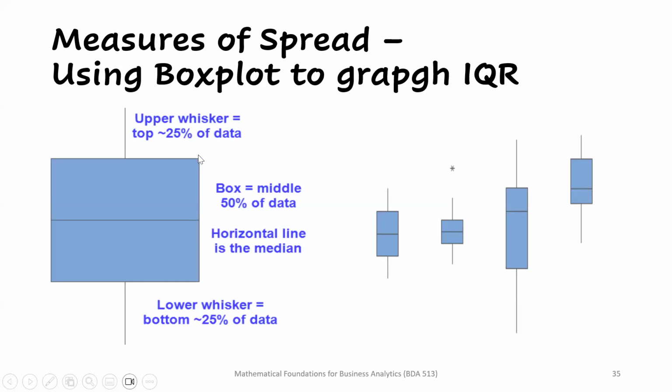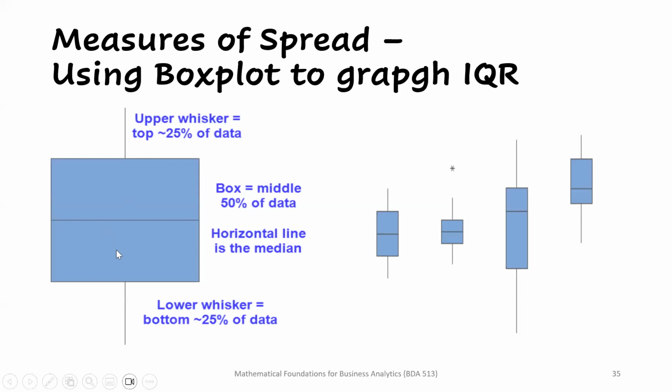The 75th percentile going up is the upper whisker. So that's 25% above the quartile 3.